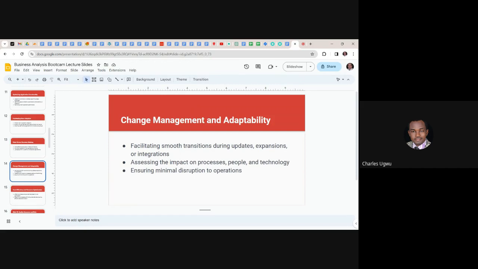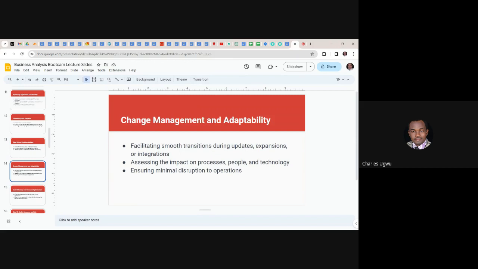Change management and adaptability: facilitating smooth transition during update, expansion, and integration. Assessing the impact on processes, people, and technology, ensuring minimal disruption to operation.